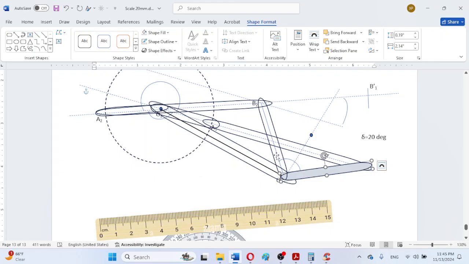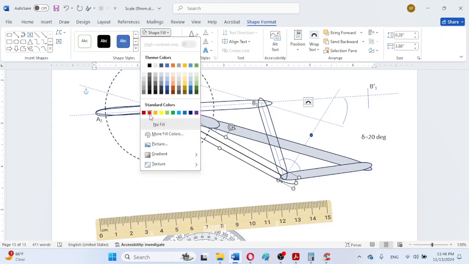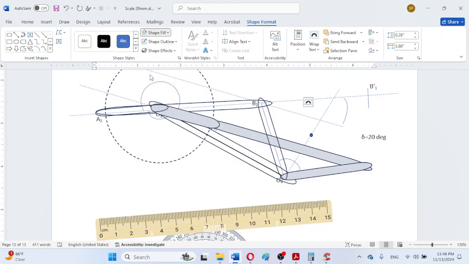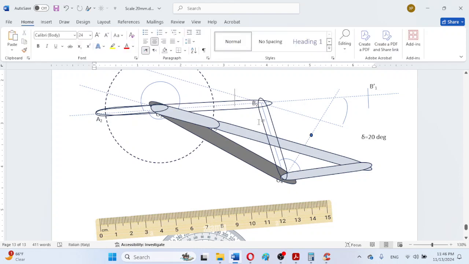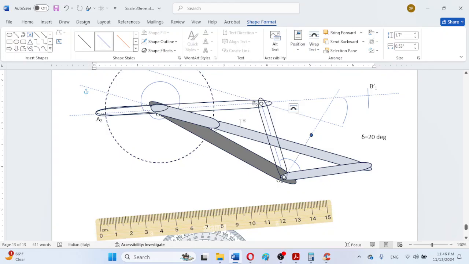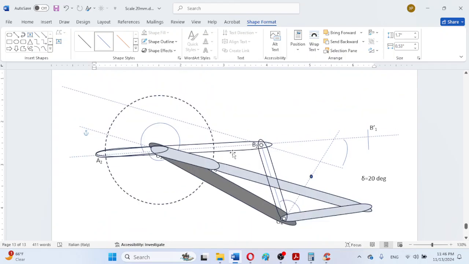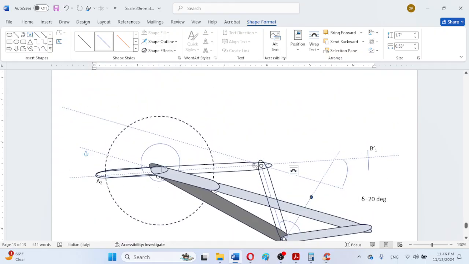In a similar manner, this crank and this ground we can change to a different color, or we can change it to some black color. So the other position, in this way.